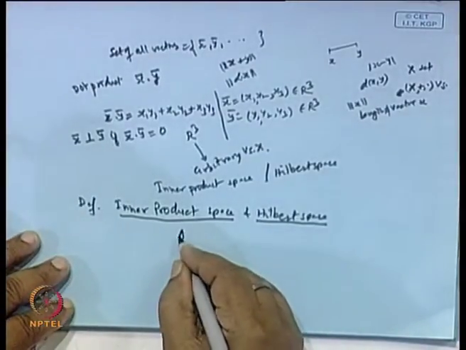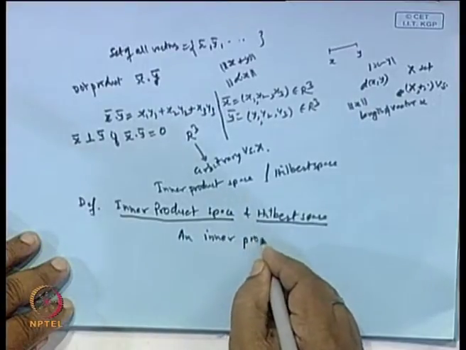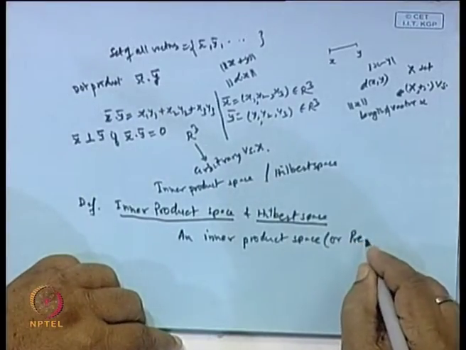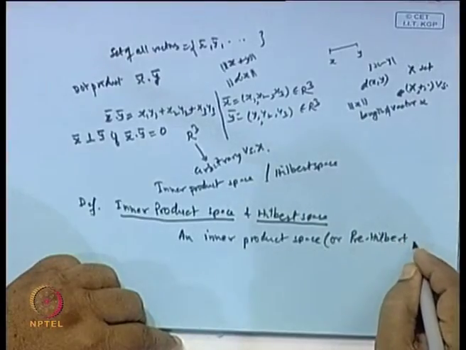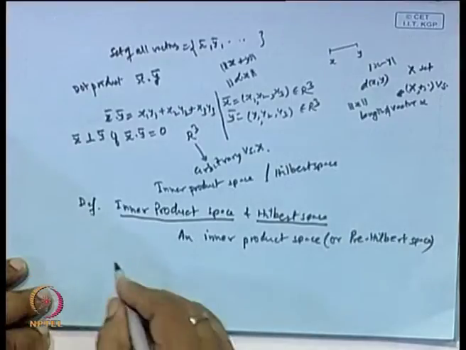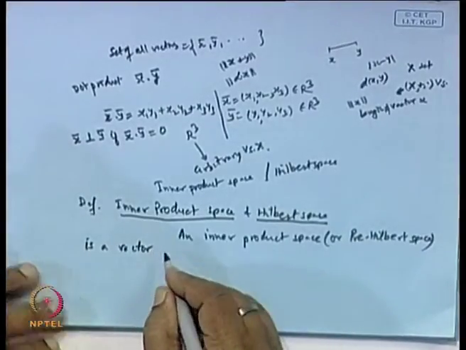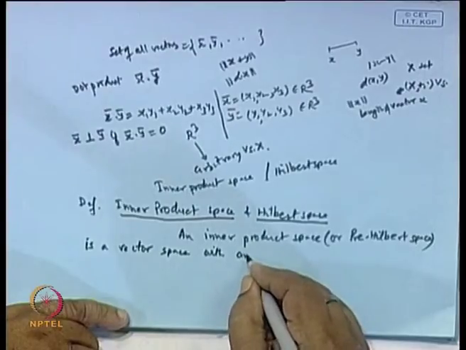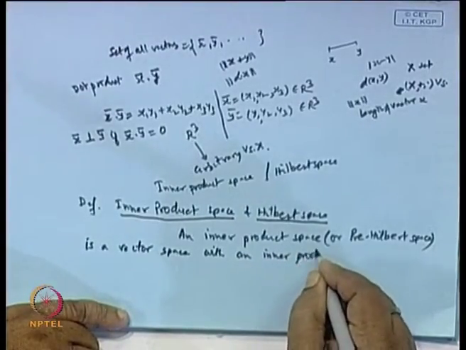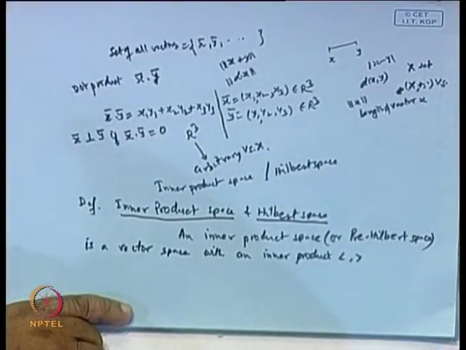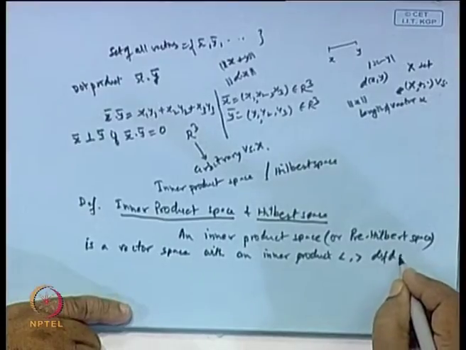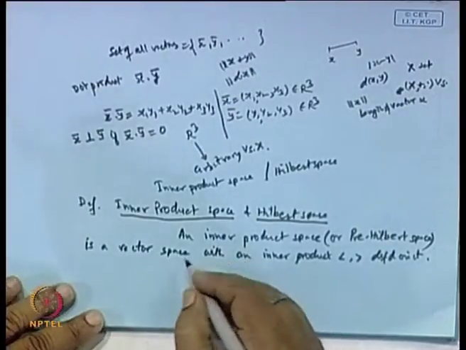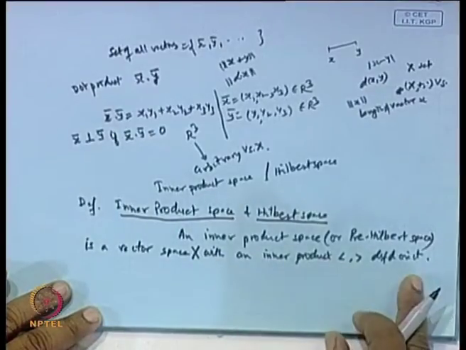An inner product space, or we also call it a pre-Hilbert space, is a vector space X together with an inner product defined on it.